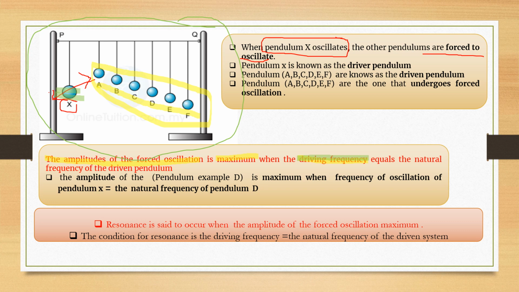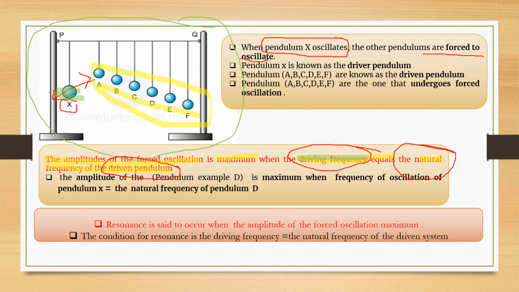Equals the natural frequency of the driven pendulum. So the concept says that when the driving frequency equals the natural frequency of the driven pendulum, then the amplitude of the forced oscillation is maximum. What does it mean in very simple English?